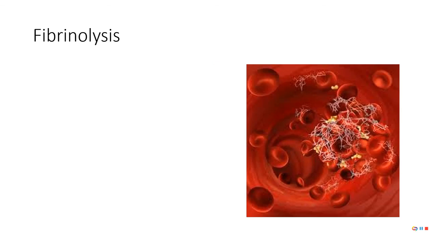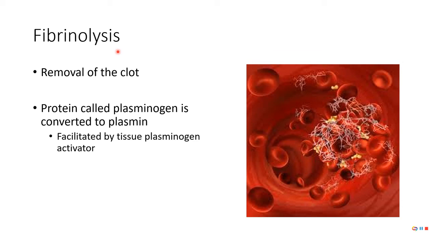Finally, there's fibrinolysis. Whenever you see the suffix lysis, remember that means the breakdown. So in this case, we're breaking down or removing the clot. Now there are proteins floating around called plasminogen. And what happens is plasminogen is converted to plasmin, and that occurs due to something called tissue plasminogen activator.